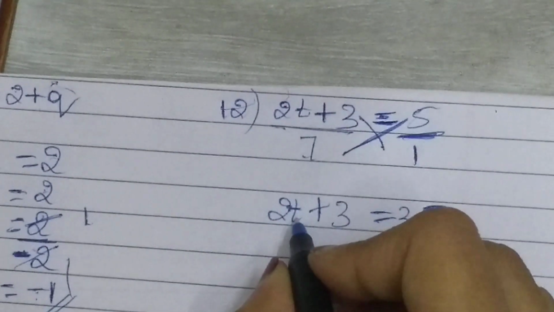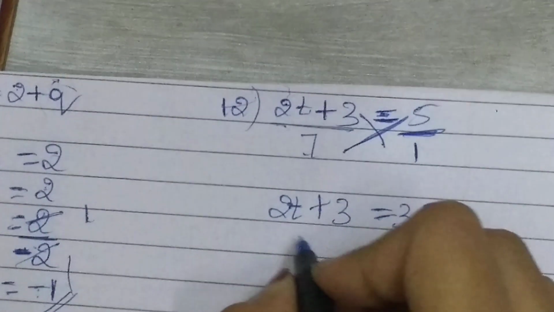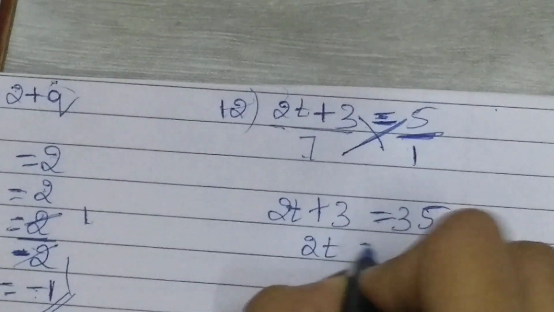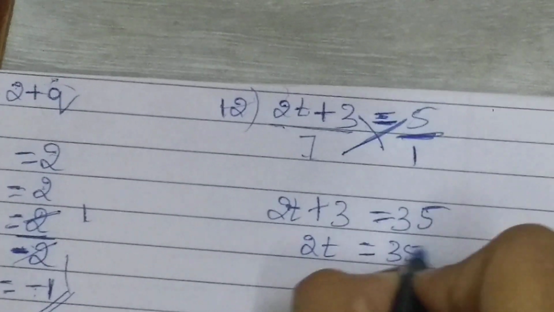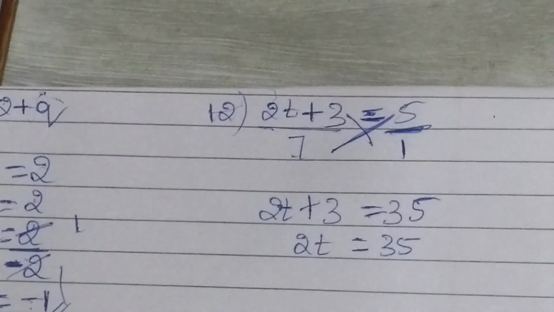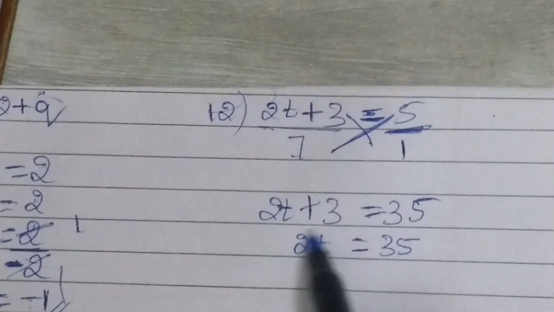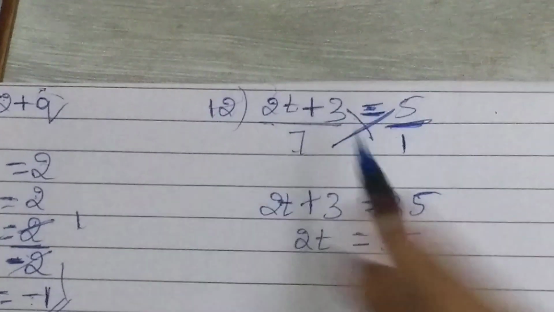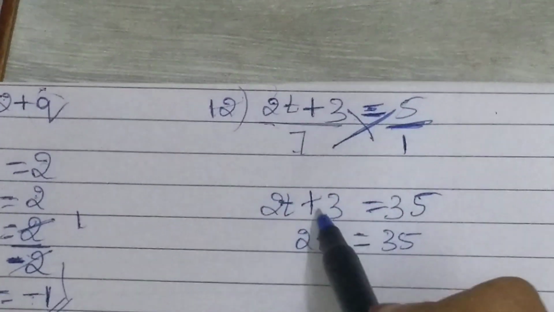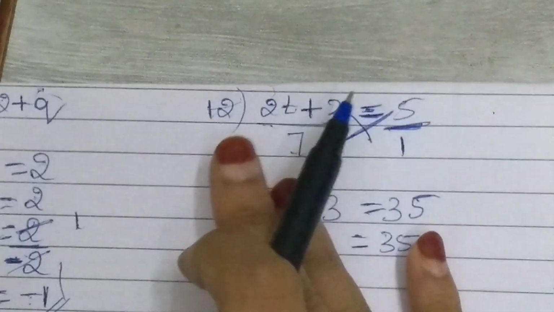Okay, now we'll take this variable and number down. 2t is equals to 35, no, 35. Now if you bring this plus 3, see, this is a variable and number, so let it be in its place. Here it is only a number, here it's variable and number, let it be in its place.